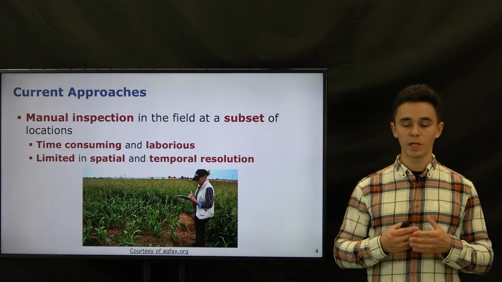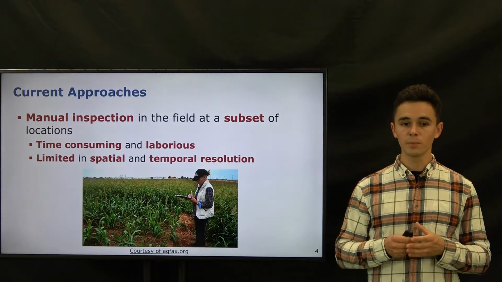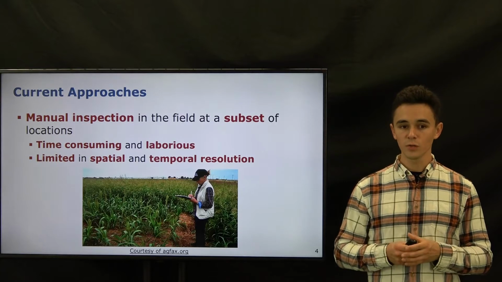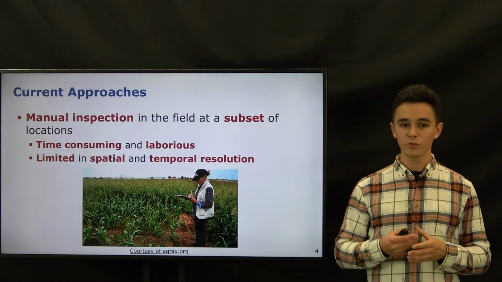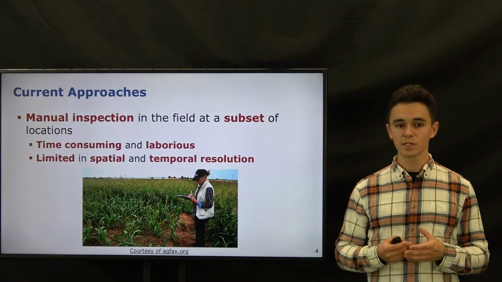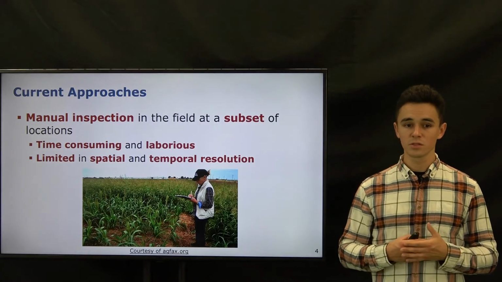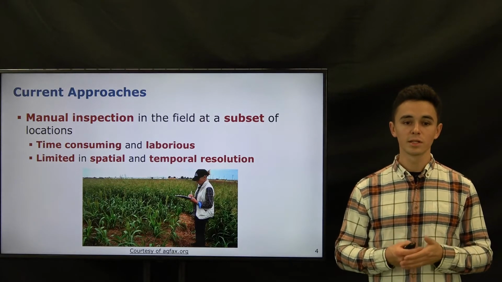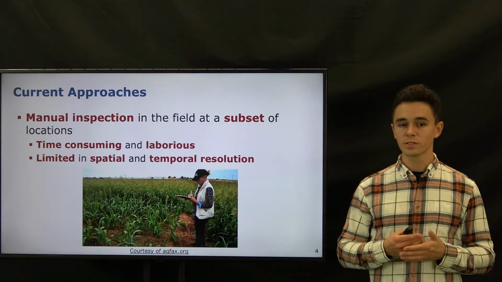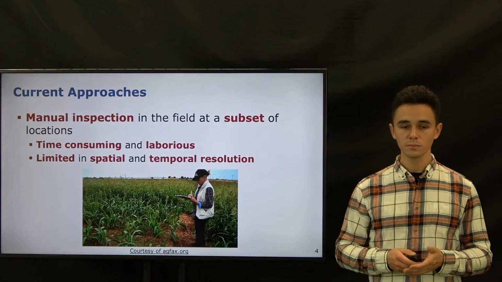Especially in the context of plant breeding, the total number of leaves per plant is often assessed in a manual fashion in the field at a subset of locations. This is not only time-consuming and laborious, but also limited in spatial and temporal resolution.